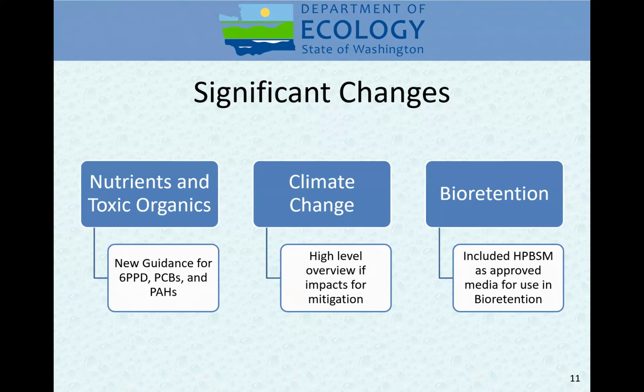The other place we could make those adjustments is in the WWHM when you select the rainfall data that you're using, that first screen you go to, and you point to the map of your county to identify where your project site is. It selects a rainfall gauge and it has a multiplier for that rainfall gauge.